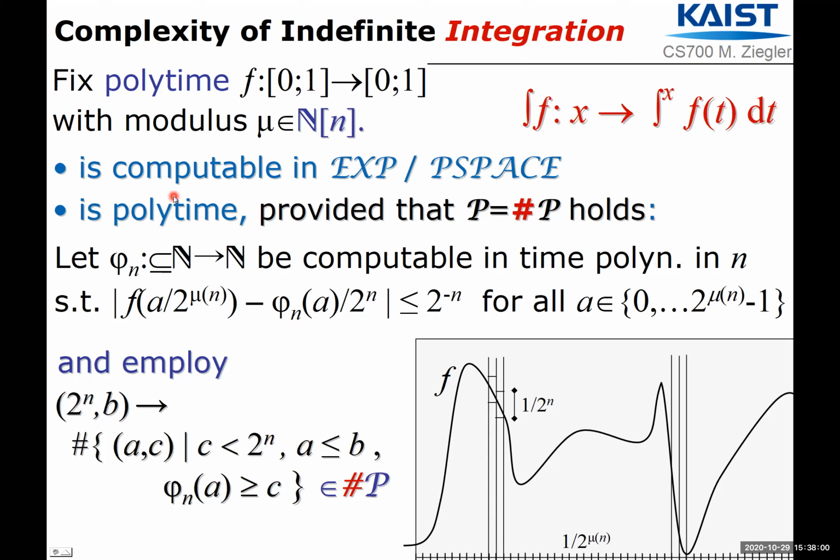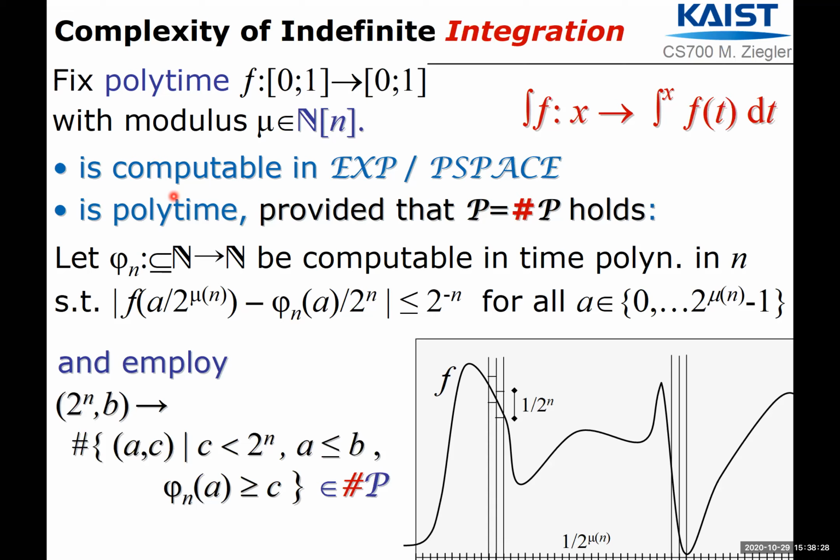And again, the question: can we do better? Last time for maximization, we observed that we can do better provided that P is equal to NP. Here for integration, it turns out that we can do better provided that P is equal to sharp P, which is a stronger condition because, as you recall, sharp P is arguably a properly larger class than NP.